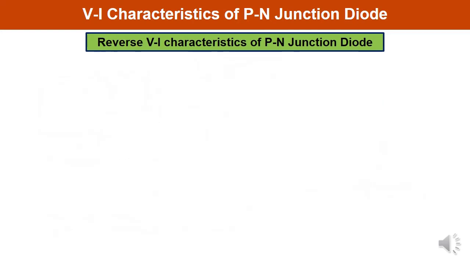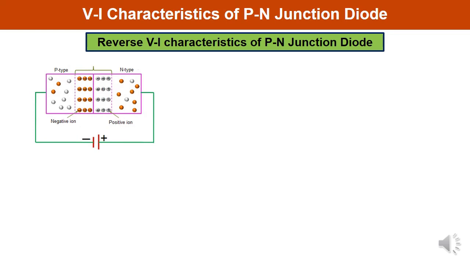Moving ahead, let us discuss and study the reverse VI characteristic of a PN junction diode. In the case of the reverse characteristic, the diode must be in reverse bias, which happens when the anode, the p-type terminal, is connected to the negative terminal of the battery, and N is connected to the positive terminal of the battery.